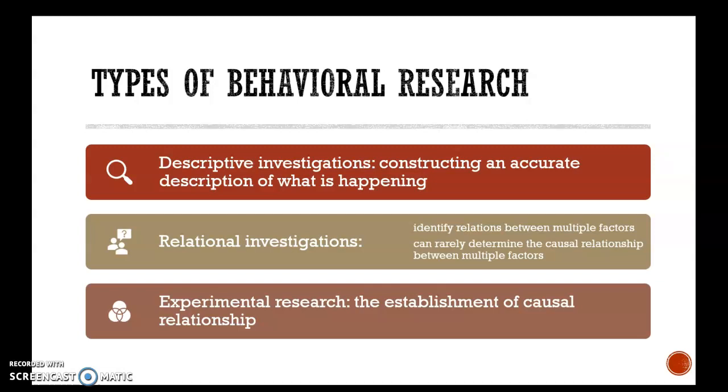So based on the observation, survey results probably, you are in the exploration stage of, oh, you observe and see it looks like there is some relationship. Then you do relational investigation, identifying relations between multiple factors, and then determining the relation between those factors.